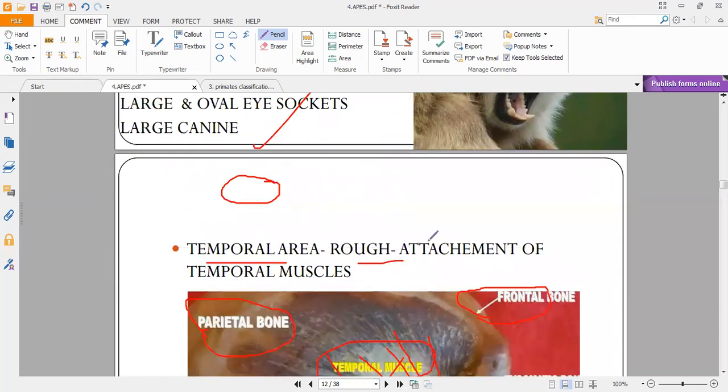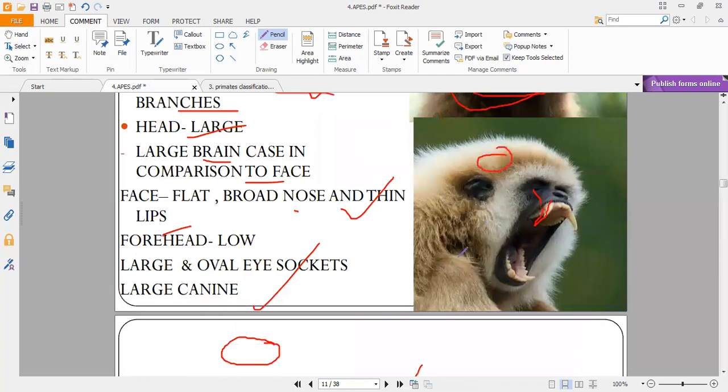The temporal area is very rough, and this roughness is an advantage. If we can find more roughness on the skull, more muscles can be attached there. For example, in our body we can find huge, strong muscle in our thigh areas.